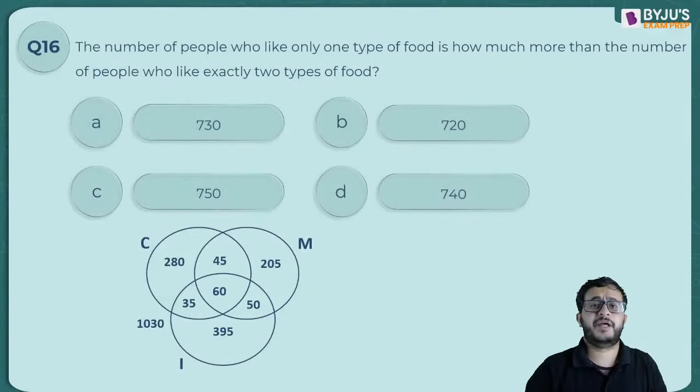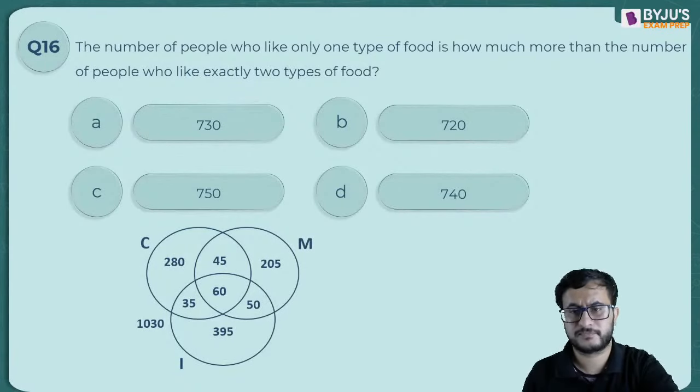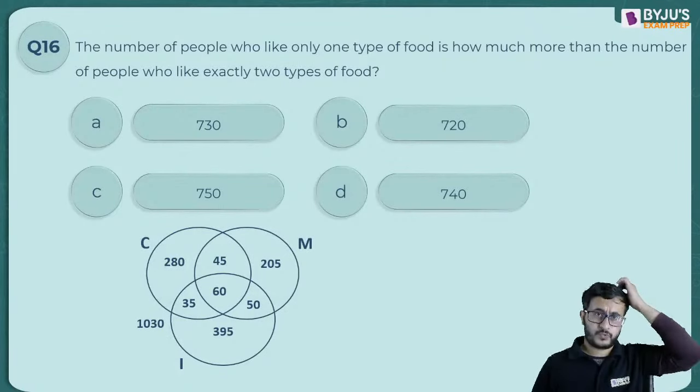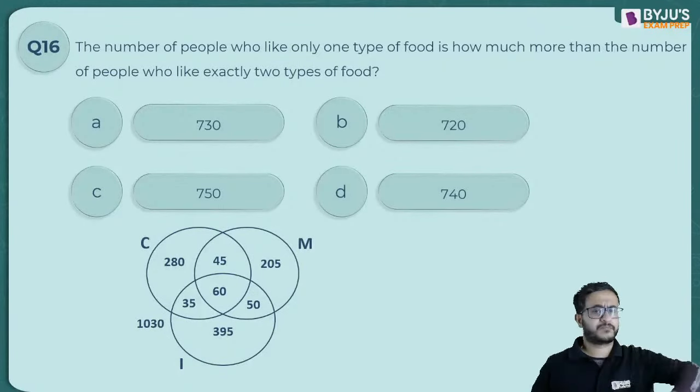The number of people who like only one type of food is how much more than the number of people who like exactly two types of food? Only one type minus exactly two types of food.